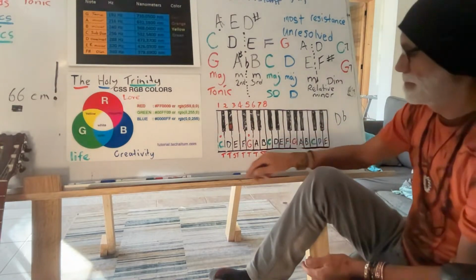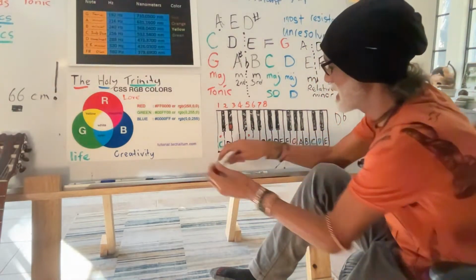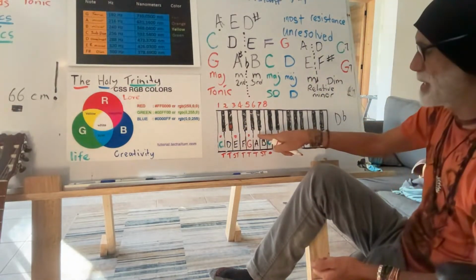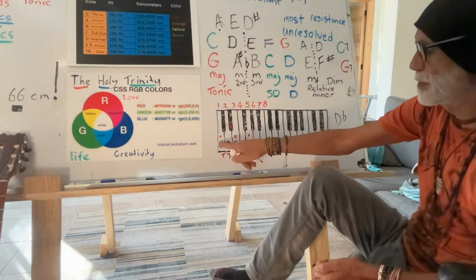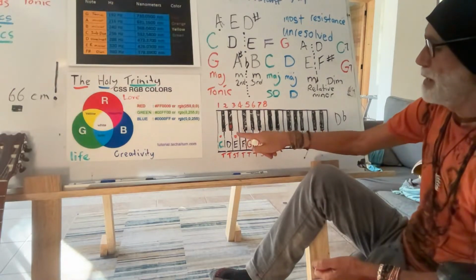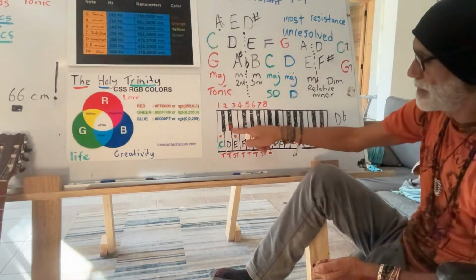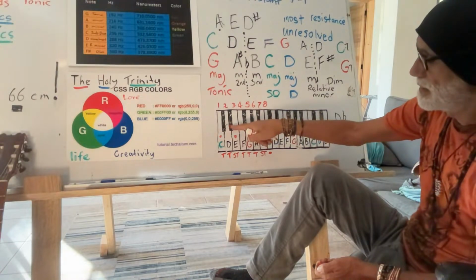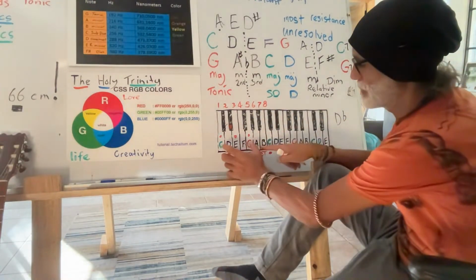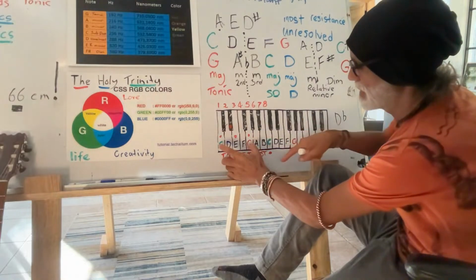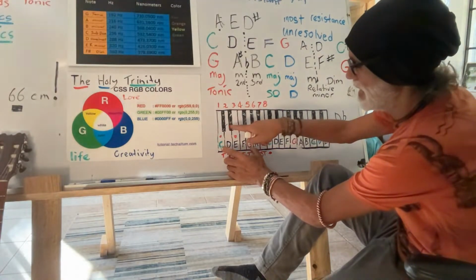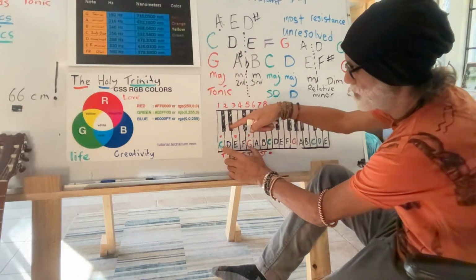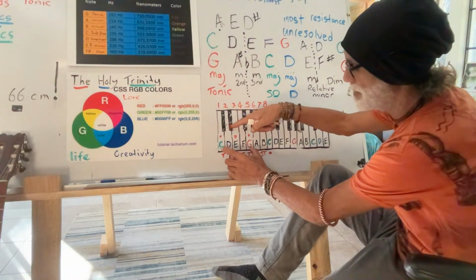Okay? All right. So that's how you make it. That straight line is C major, the first, the third, and the fifth. But when you flatten the third, which is E flat, with these two, when you play that and that and that, that's C minor, because you've shifted the triad.